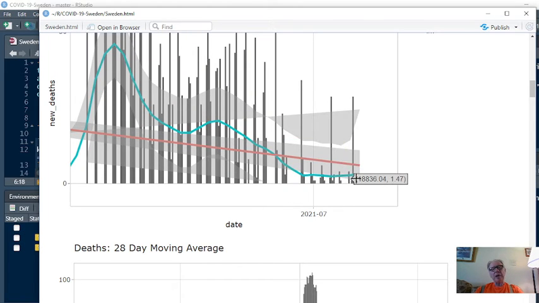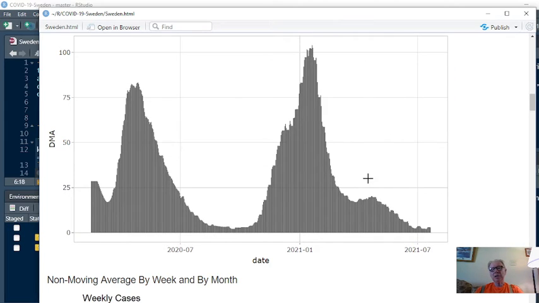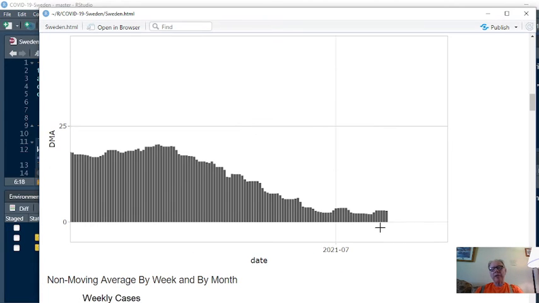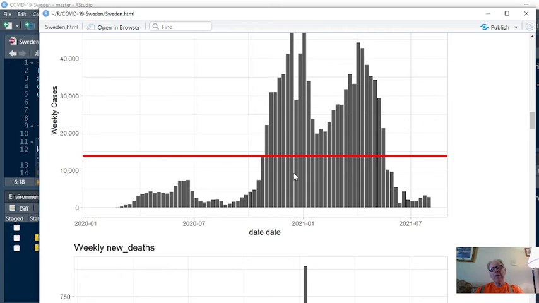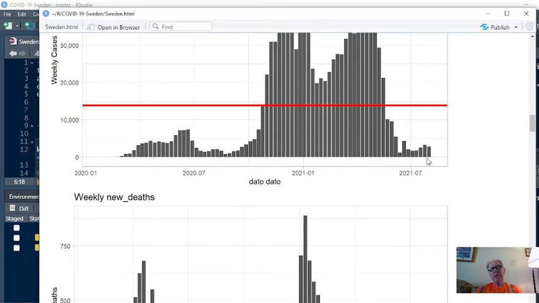We had a declining pattern here, all the way down to here, but it does look like this may be just starting to drift up a little bit, so that remains to be seen. If you look at the 28-day average, you can see that the previous four weeks was a little higher, but there does seem to be this pattern of little knife-edge spikes followed by a downward trend.